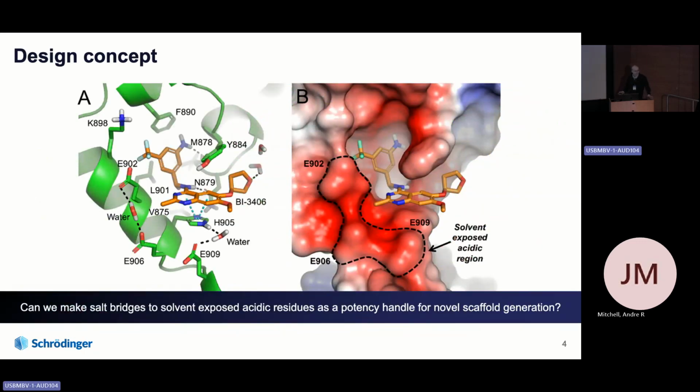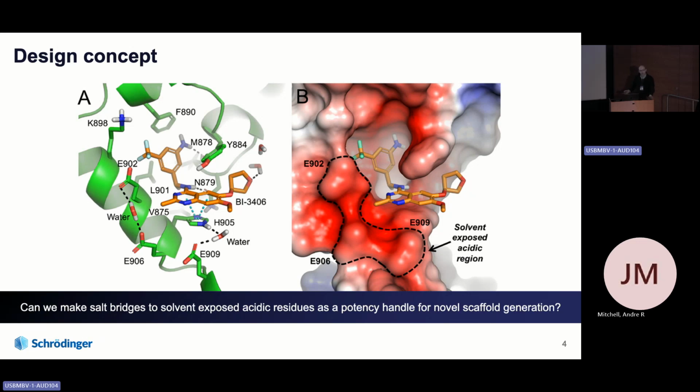That, however, was easier said than done. When we did a really careful visual inspection of the binding site here, there did not seem to be too many interactions that we could repurpose or that we could go after that had not already been occupied by existing chemical matter. The only hint that there might be something different and new that we could do here was this triplet of acidic residues on the perimeter of the SOS1 binding site, GLU 902, 906, and 909.